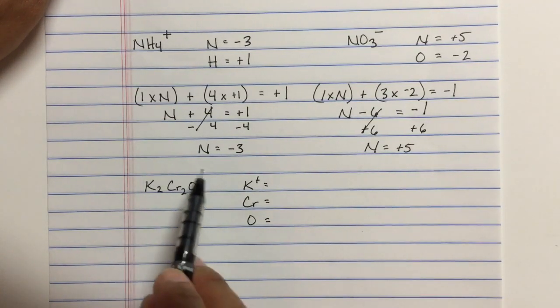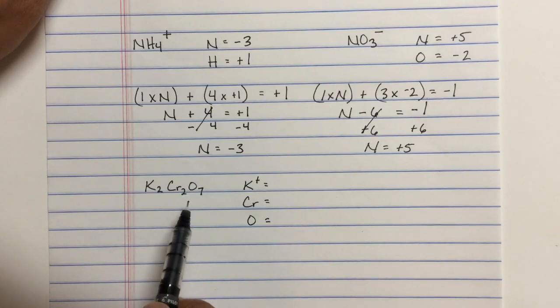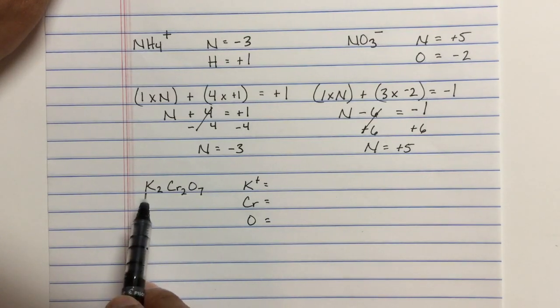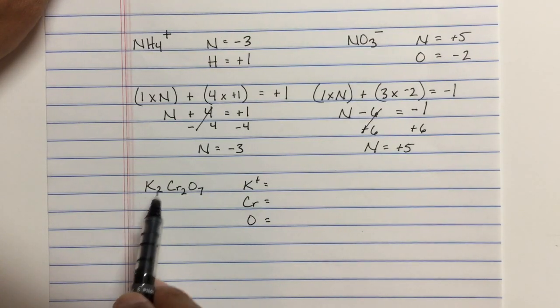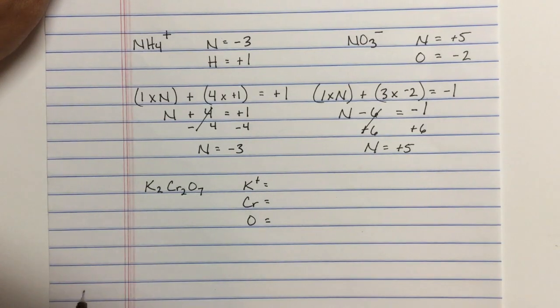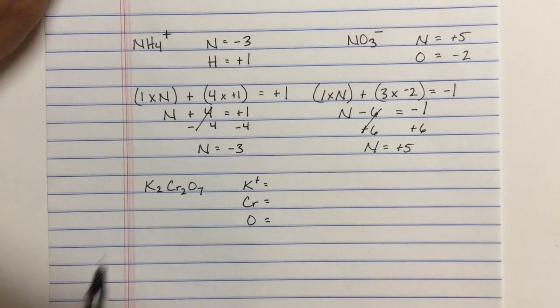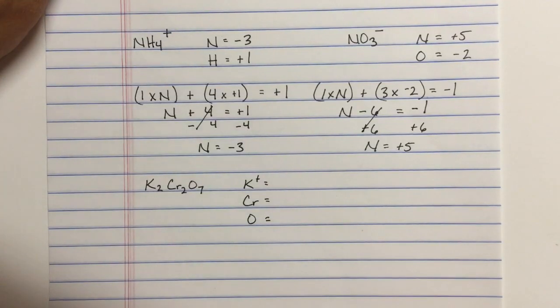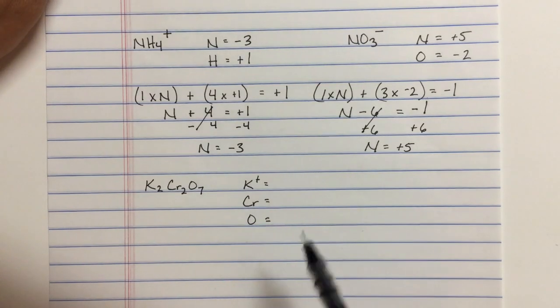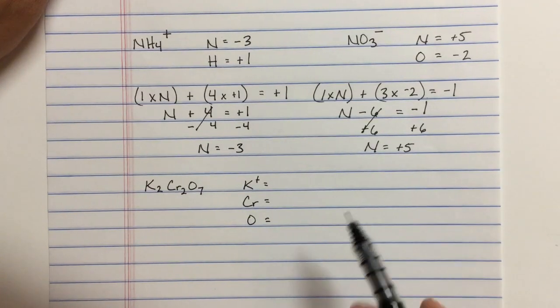Potassium dichromate. Dichromate is a polyatomic anion. That means that potassium has to be a cation. So this isn't just neutral potassium. This potassium has a charge on it. So there are 3 species here that we need to assign oxidation states.